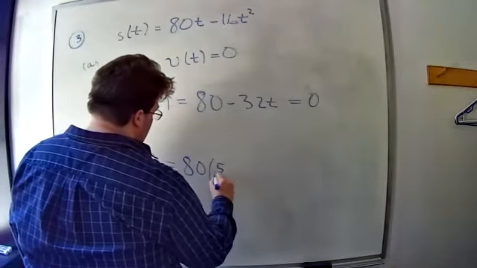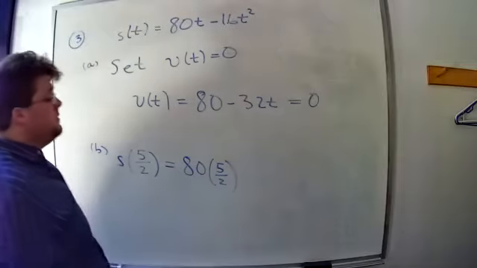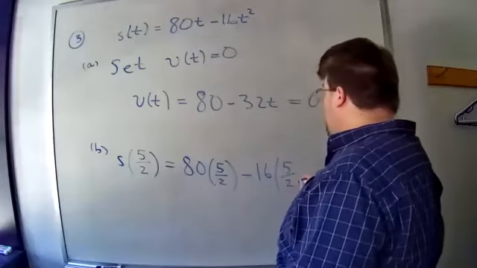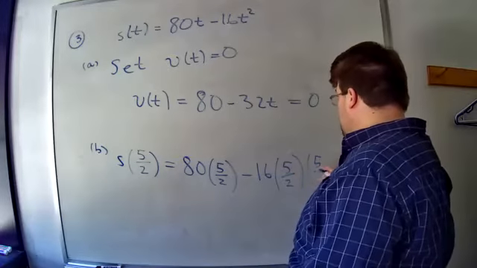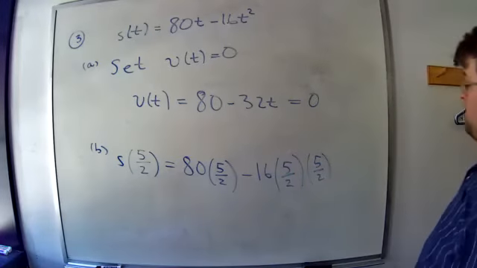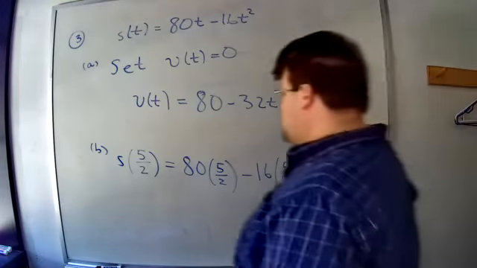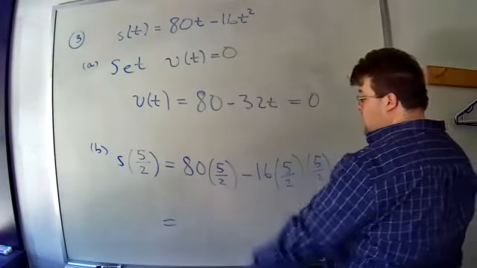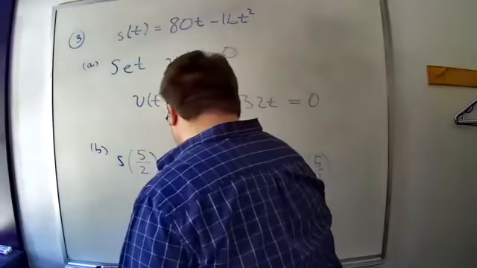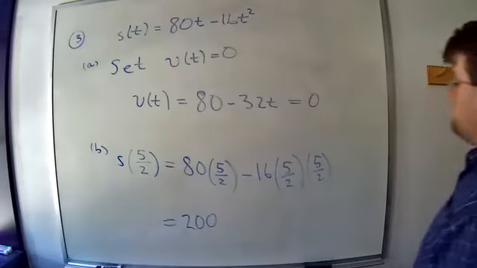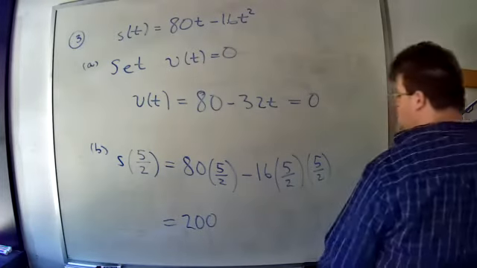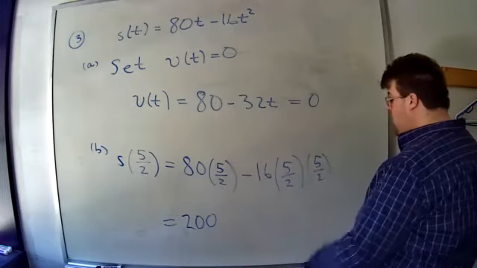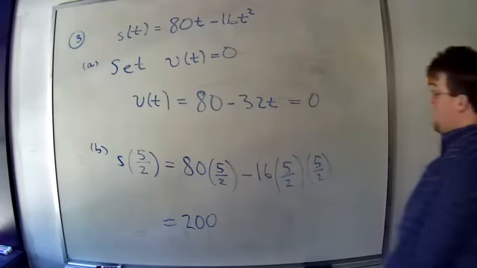80 times 5 halves minus 16 times 5 halves squared. I'll just write that as 2 5 halves next to each other. And what do we get here? Well, 80 divided by 2 is 40. 40 times 5 is 200. And how about this? Well, you could do 16 times 5 times 5, 400, divided by 4, 100.